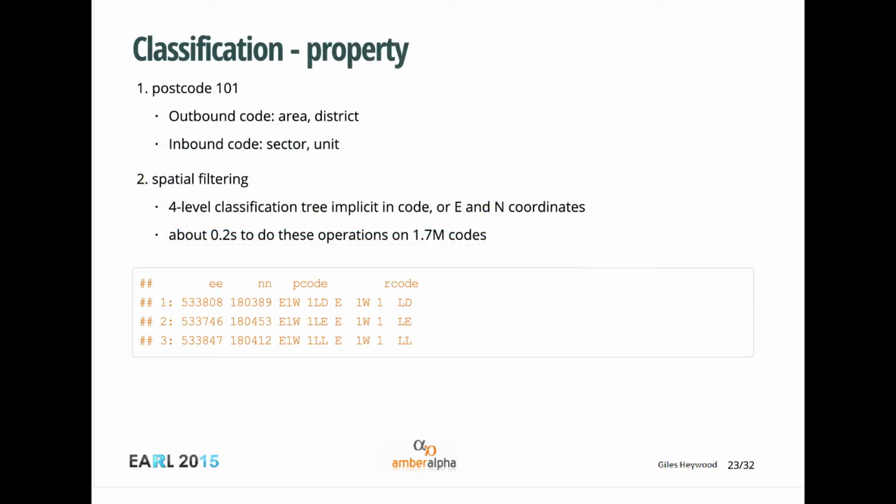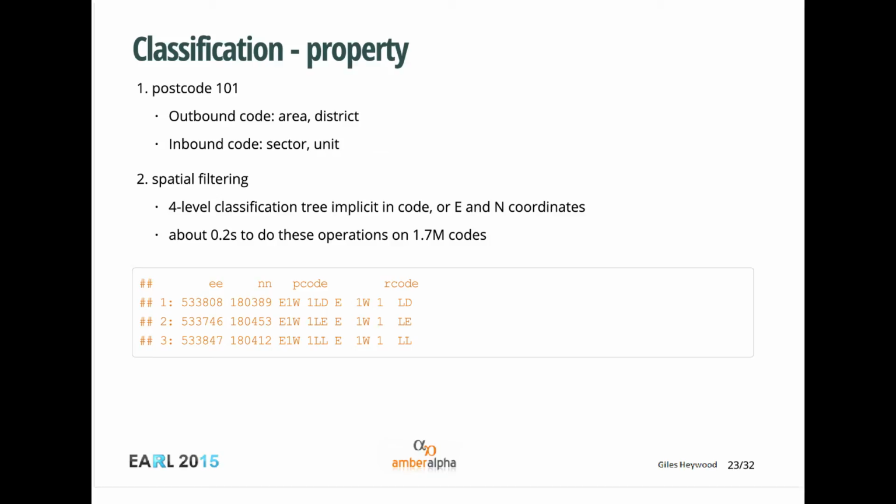In the case of property, we also have a classification tree. It's called the postcode. In case you don't know, well, I'm sure you do, the postcode has two parts. The part on the left is called the outbound code, and the part on the right is called the inbound code. Both of those split down: on the left, the area and district, like SW is the area and 1 is the district, and then there's the inbound code with the sector and unit.